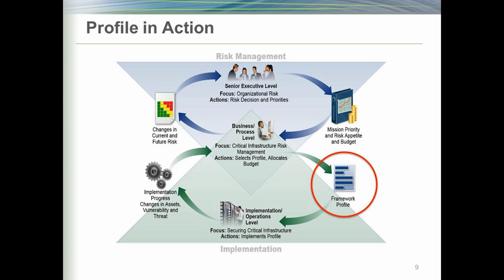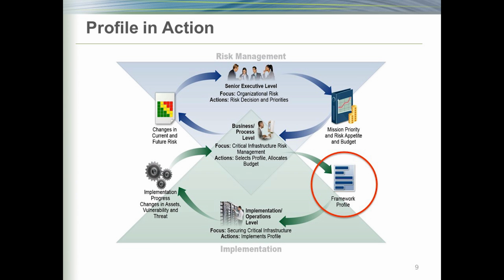When we looked at this diagram yesterday, the business process level folk interacting with the implementation operation level folk using a profile, this is for everybody to stay on the same page with regard to priorities. Priorities being a key feature of a framework profile.